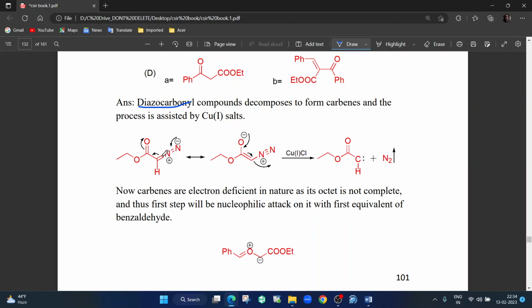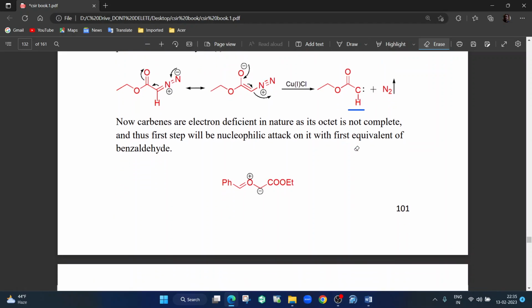Now this comes here and this will come here, you get a negative charge, which I am showing here like this, and then this comes to this and this leaves, so that it becomes neutral and it becomes a carbene. So a carbene is a species where carbon is neutral, but its octet is not complete. How many electrons are there? 1, 2, 3, 4, 5 and 6. So its octet is not complete, it has only 6 electrons, so it is electrophilic in nature.